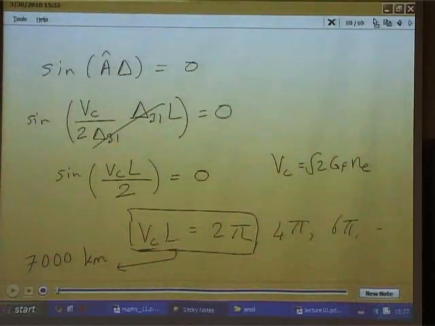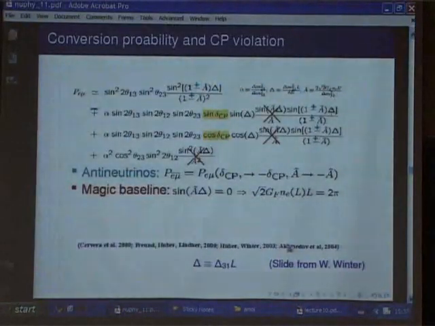So what this means is the following. It's a very simple answer, right? This implies that if you make an experiment where the distance between your detector and source is about 7,000 kilometers, then these 3 terms will not matter. You only have to look at the first term.